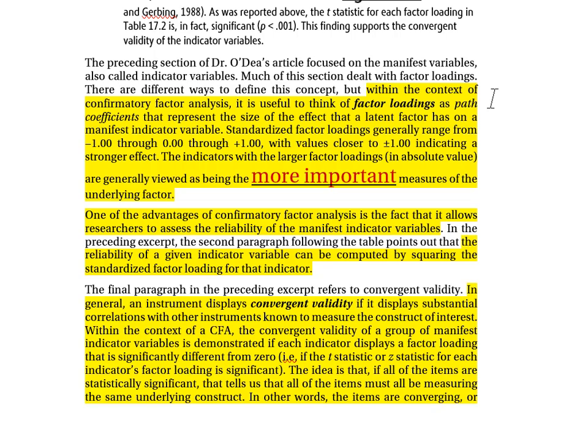Within the context of confirmatory factor analysis, it's useful to think of factor loadings as path coefficients that represent the size of the effect that a latent factor has on the manifest indicator variable. Standardized factor loadings generally range from -1 through 0 through +1, with values closer to 1.0 indicating a stronger effect.